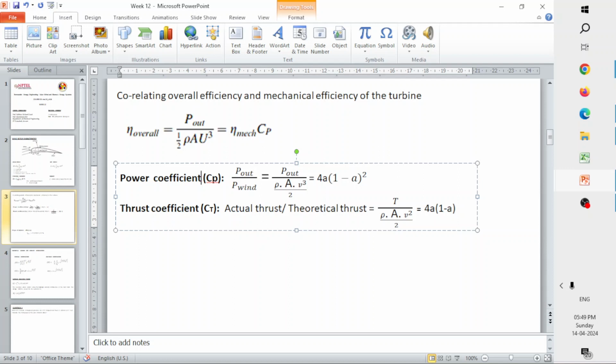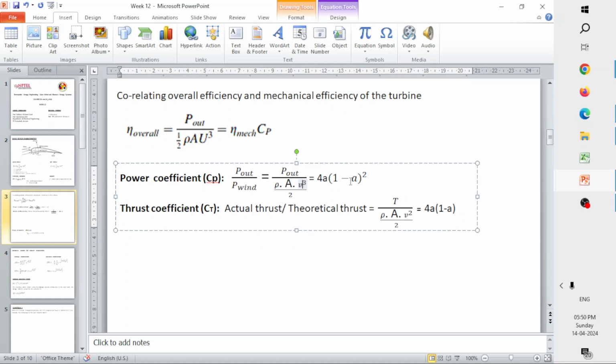The power available in the wind, from the kinetic energy expression, we derived as half rho A times V cube. P out or P rotor we don't know, and if you use the linear momentum theorem, then we got the value of P out, or the power that can be harnessed, as rho A V cube by 2 into 4A times 1 minus A square.